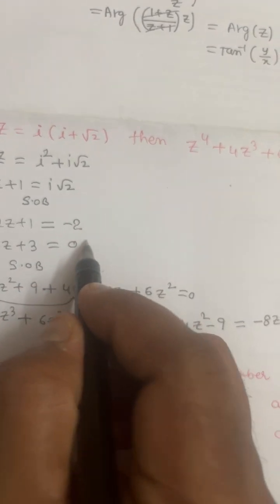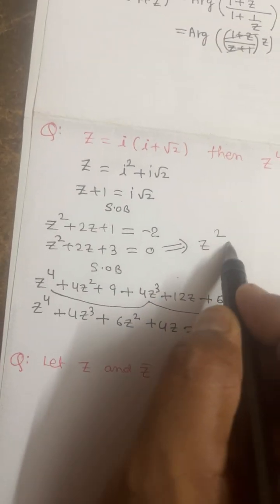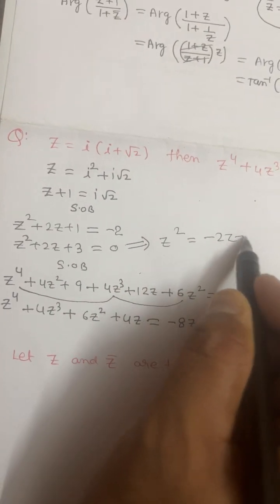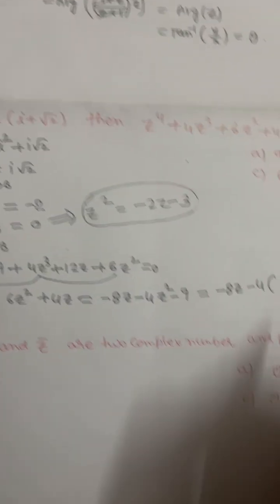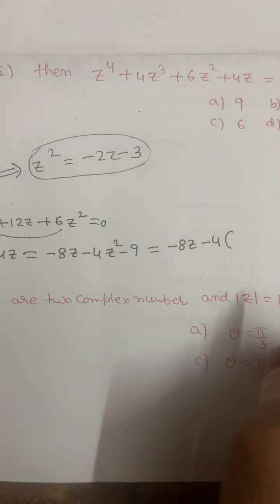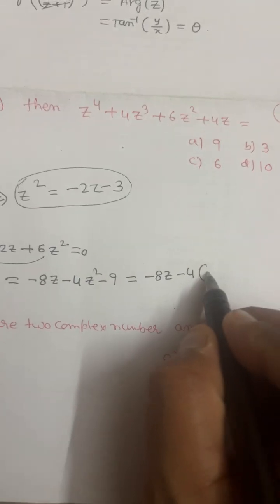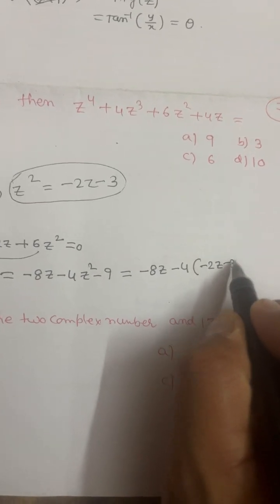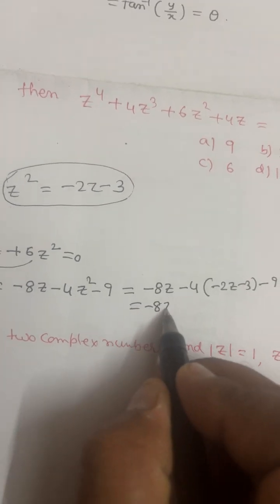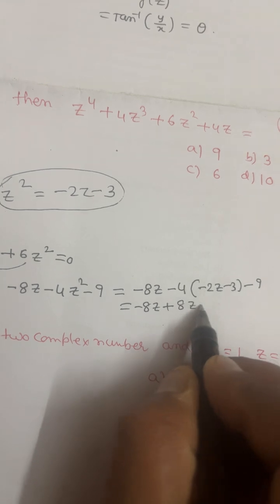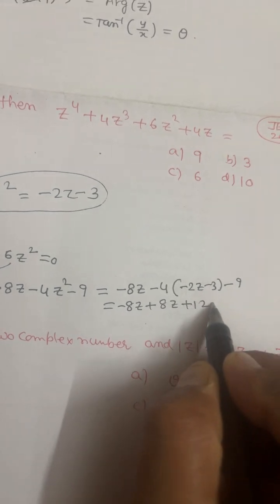From here, Z square is equal to minus 2Z minus 3. Okay, so that you can replace here the Z square value: minus 2Z minus 3 and minus 9. So minus 8Z plus 8Z plus 12 minus 9.